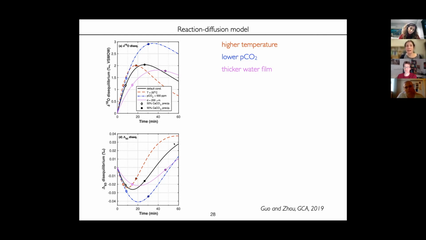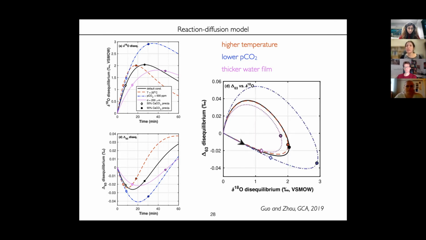to a different state. And if you combine now the clumped and the delta 18O effects into one plot, so if you plot those against each other, you can see this time evolution going in one direction. So this is basically the slope that also Mathieu Daron and these guys have found in the caves, that you have a linear relationship between delta 18O effects and clumped isotope effects at the beginning, but then the system basically moves around.